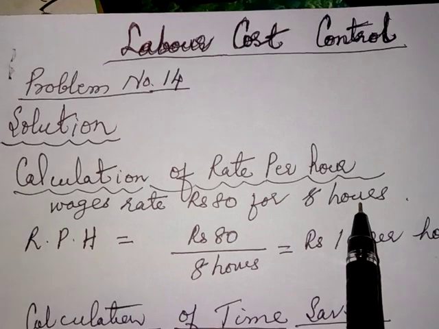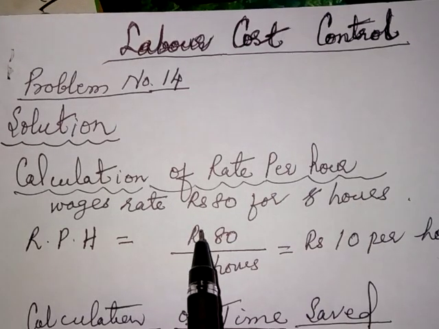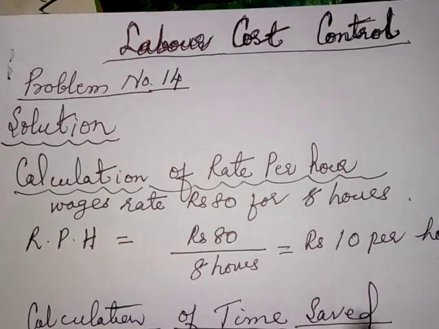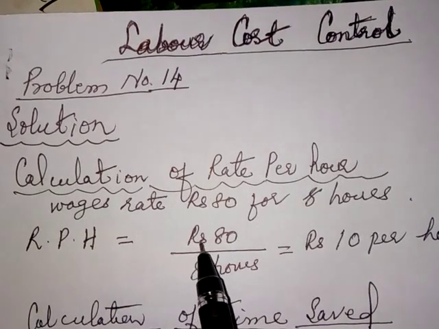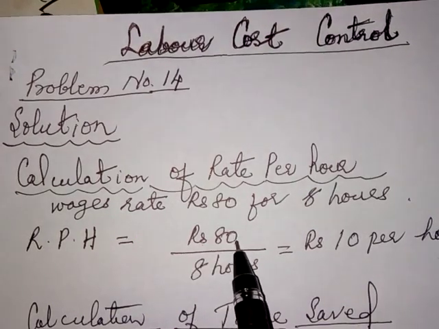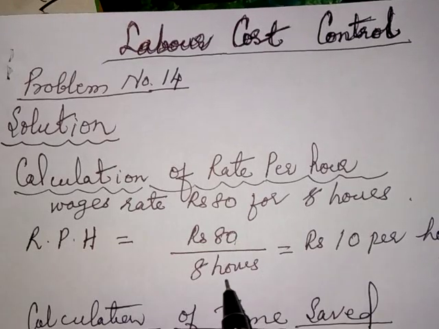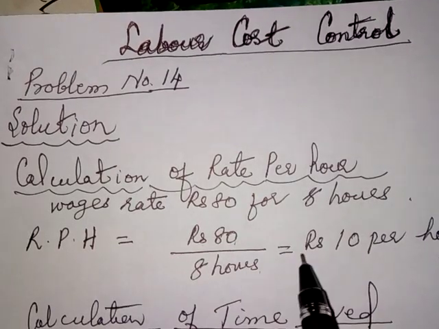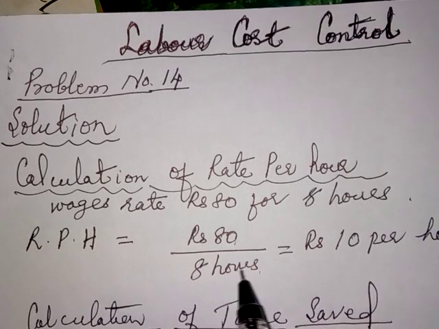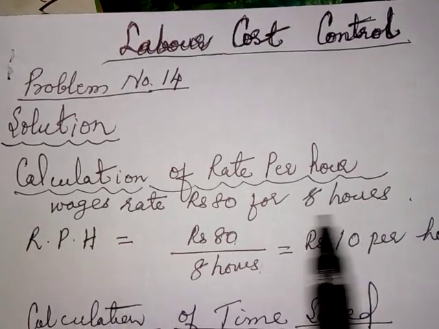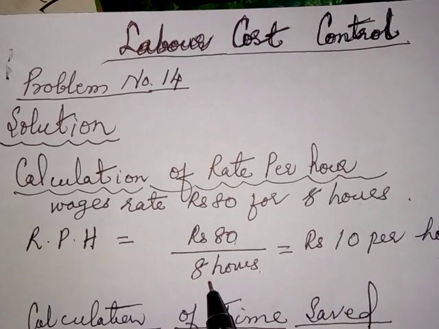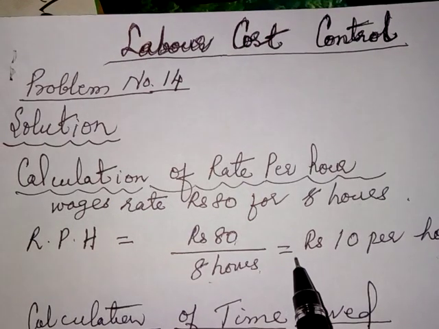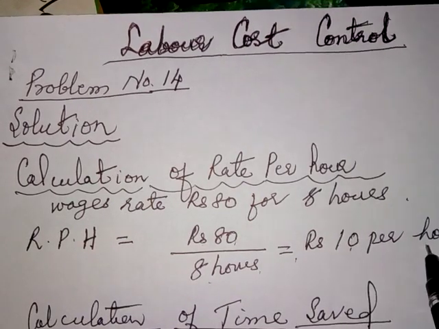We need to calculate the wage rate per hour. So for 1 hour the rate per hour is 80 divided by 8 hours. So the rate per hour will be 10 rupees.